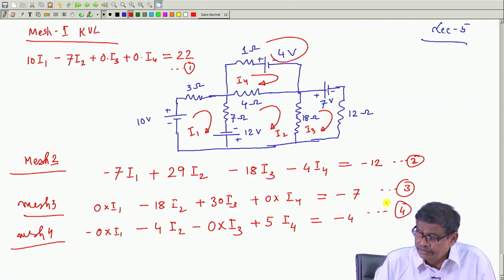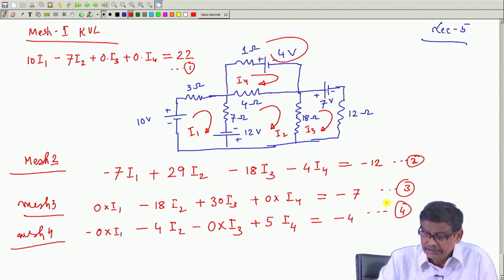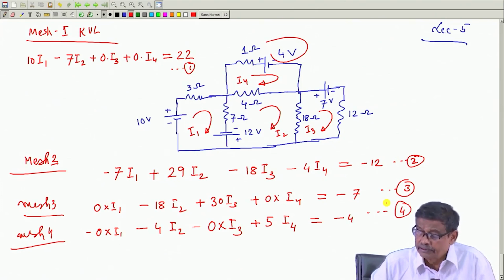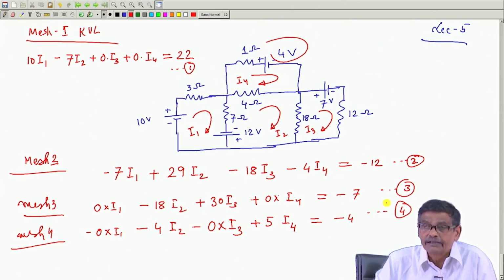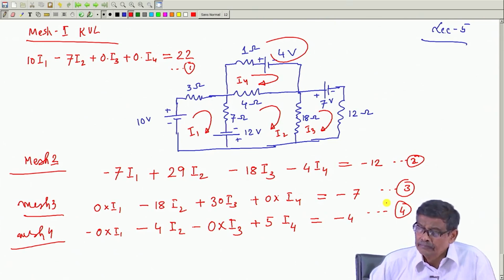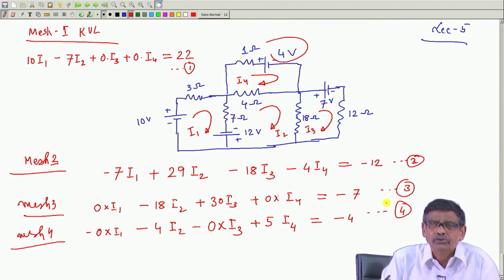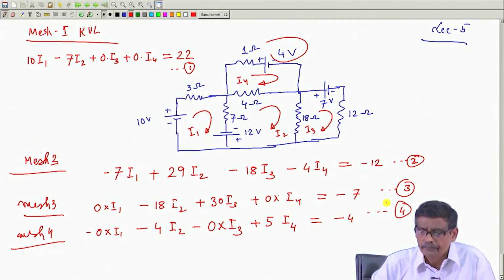At the end, all the mesh currents you will be getting, and it may so happen that one of the mesh currents becomes negative in number, say minus 2 ampere, I 3 becomes. In any case, that means it will be flowing the other way, that interpretation you can easily do.